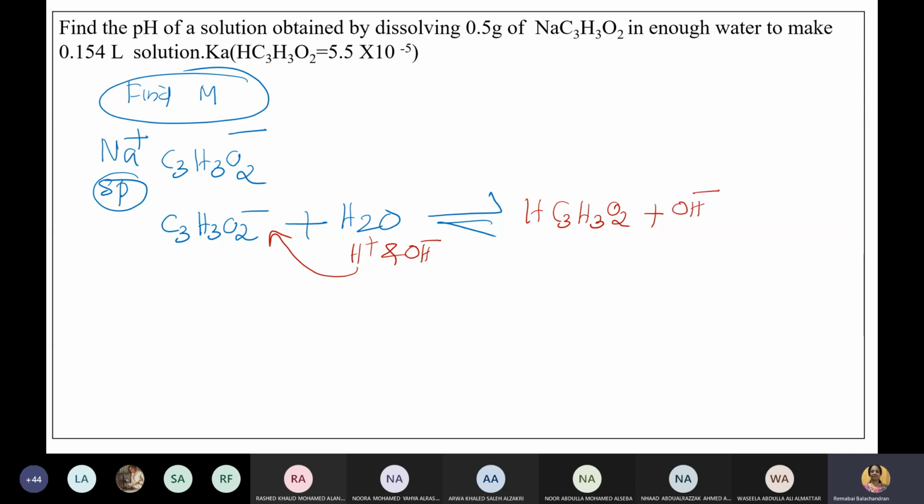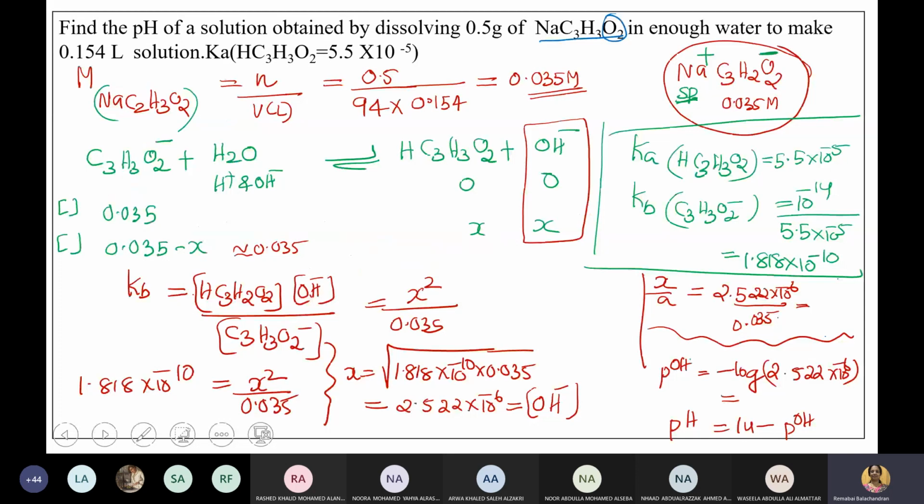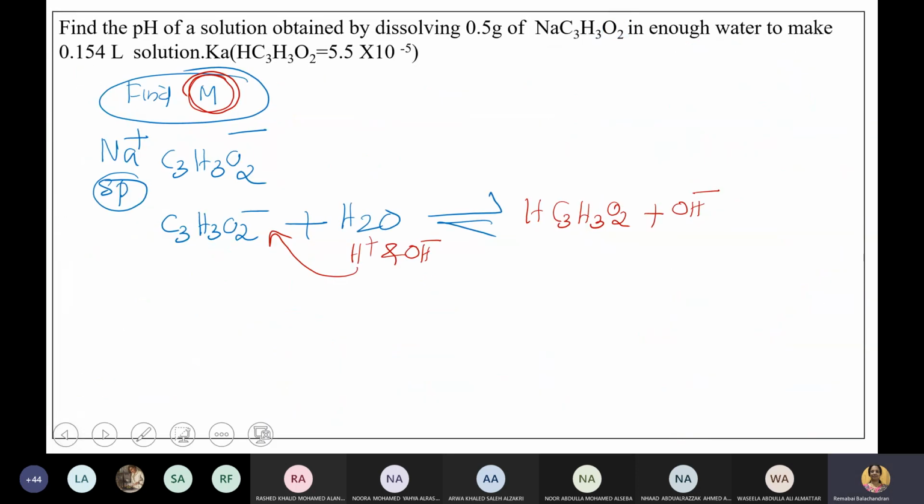So you need Ka or Kb? Kb. So here initial, I didn't find the molarity, okay? Molarity maybe I can take from the next slide. Molarity is 0.035.